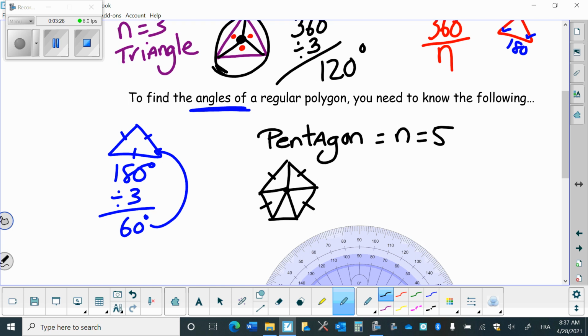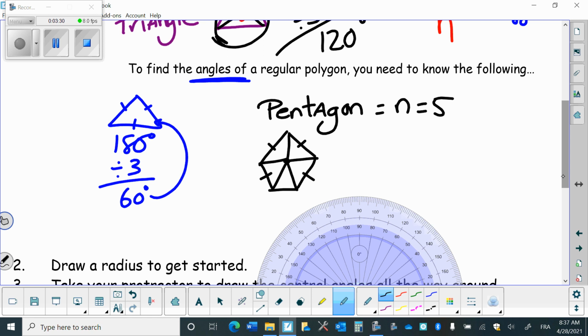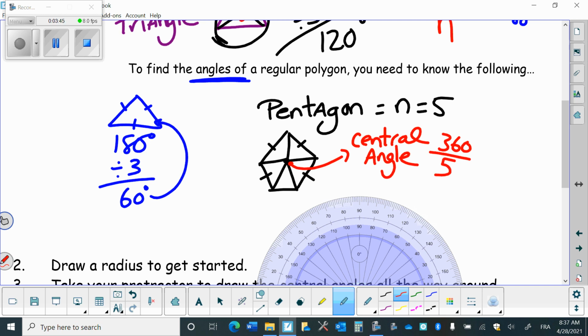I have 2 different kinds of angles happening. I have central angle. Central angle is 360 divided by 5 of them, like slices of pizza. Every central angle is 72 degrees. So that's your middle one.